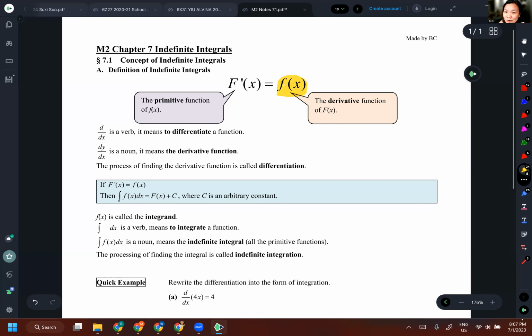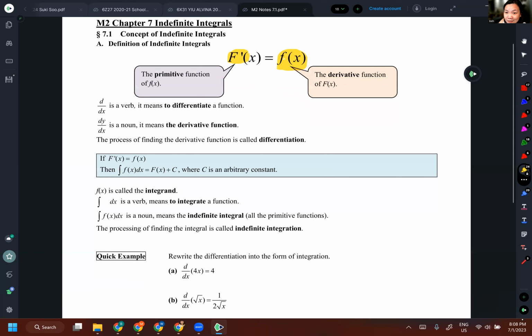But on the left, I don't know if I mentioned that, the name before. We call this the primitive function. Okay, they are like the opposite of each other. This one is the primitive of the other one. And the derivative is the derivative of the primitive function.